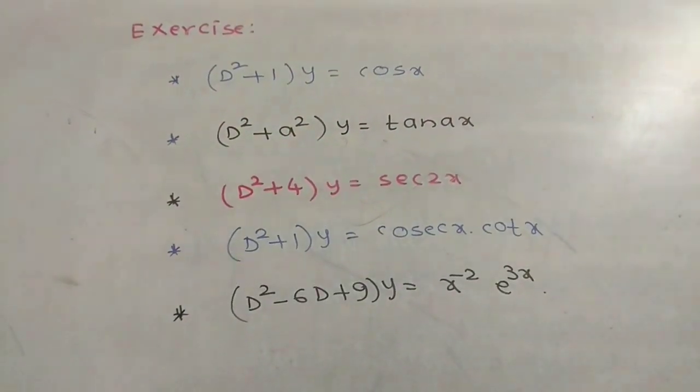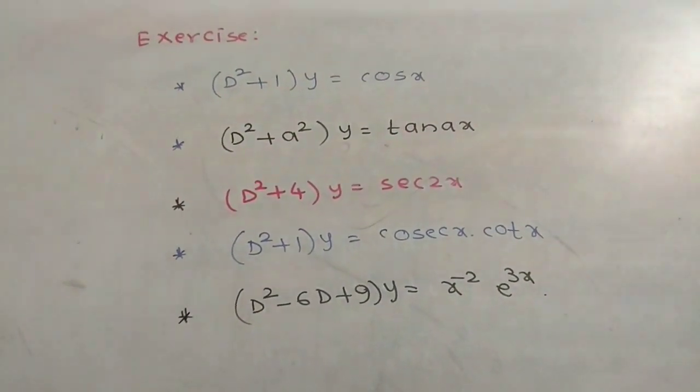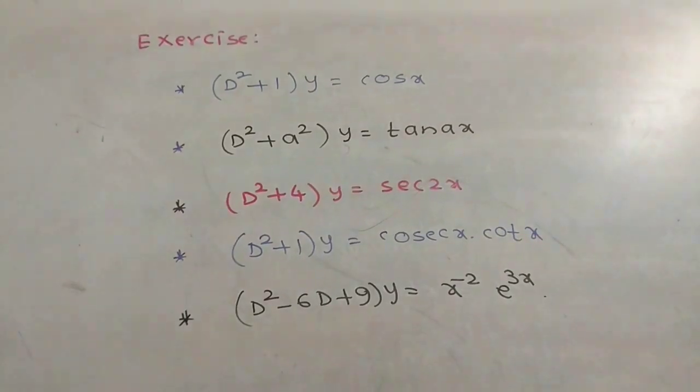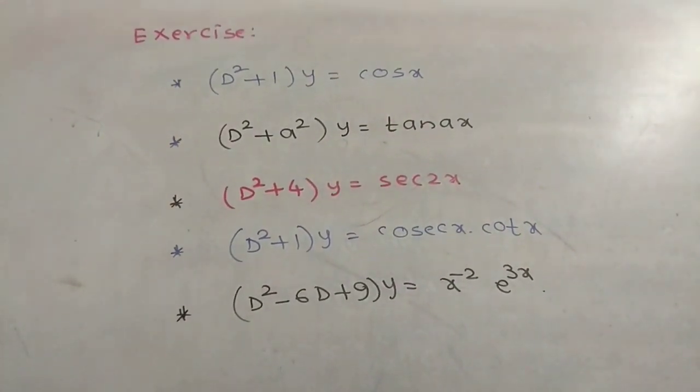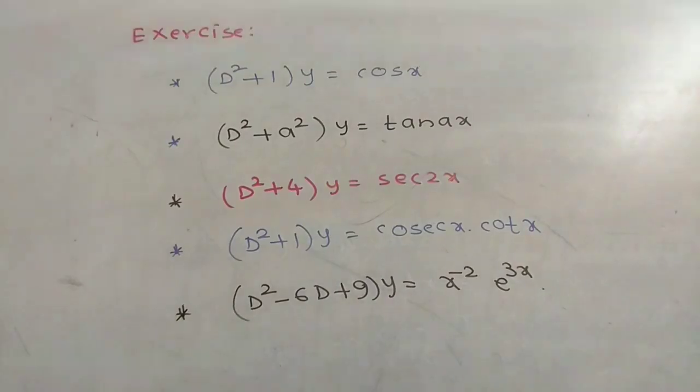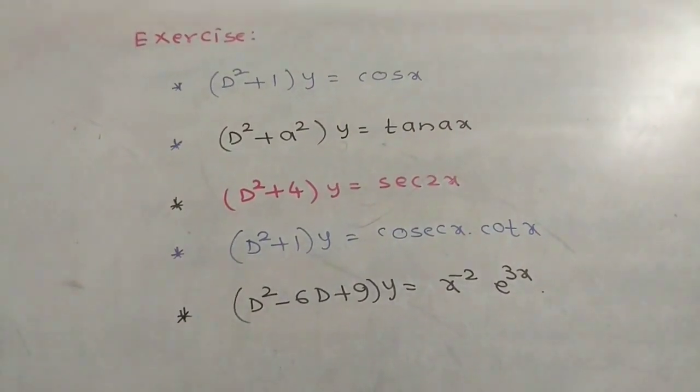So only the thing is you need to have little bit of patience in order to get your A and B values. Once you make the simplification, you can find out directly particular integral and its final answer.